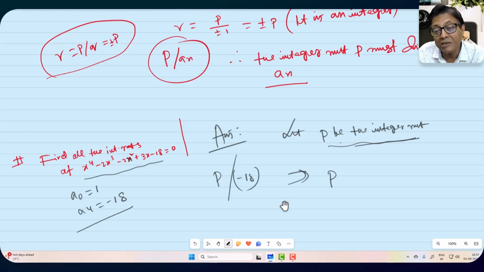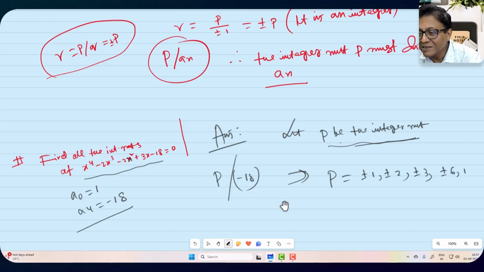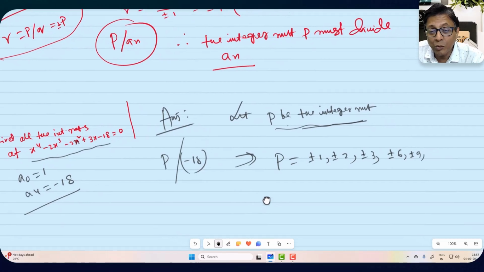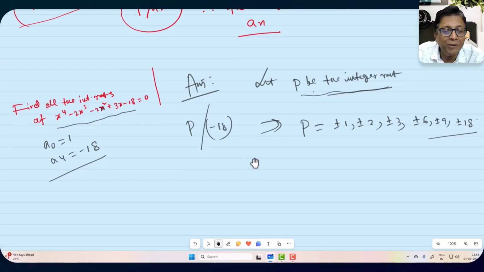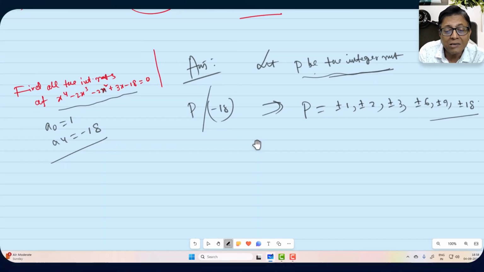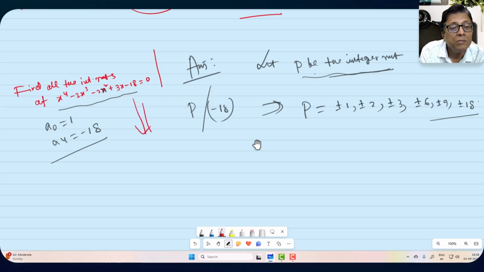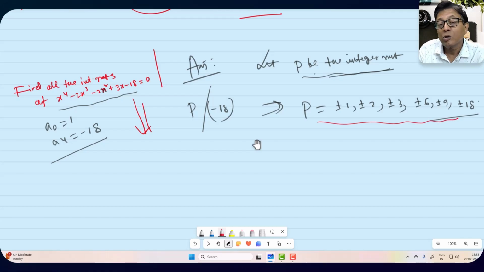So this implies P may be plus minus 1, plus minus 2, 3, plus minus 6, plus minus 9. Hope that we don't have to wait up to this. We get all the integers before it. If not, that also we will be able to decide. Now let us start with this solution. That equation has integer roots of this form. So we go on putting, just put one or two values over there.